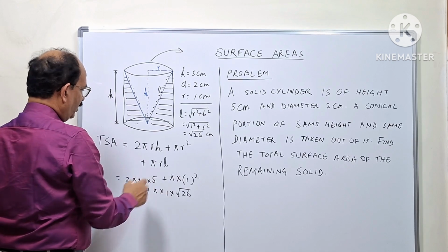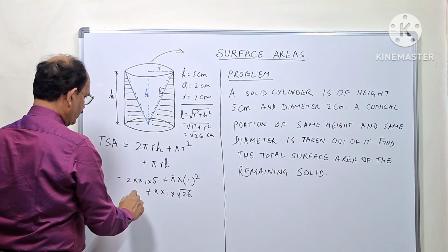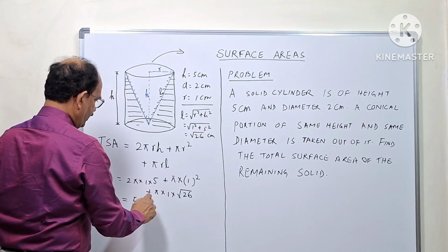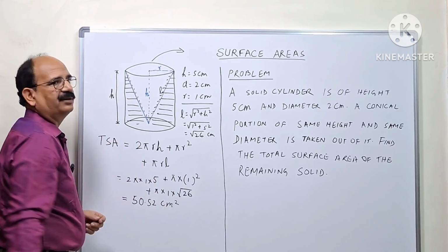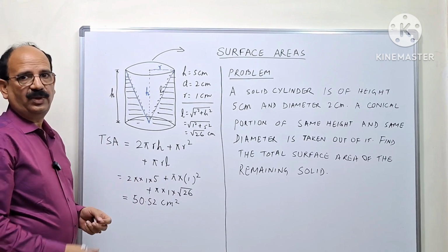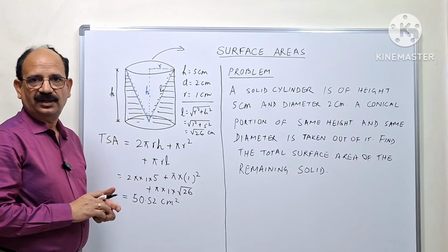If you calculate all these three parts, you will get the total surface area as 50.52 centimeter square. So this is how you calculate the total surface area of this remaining solid.